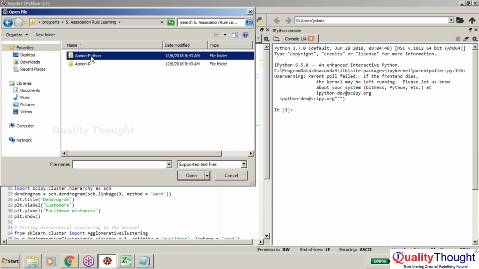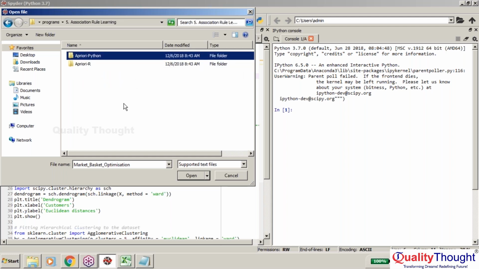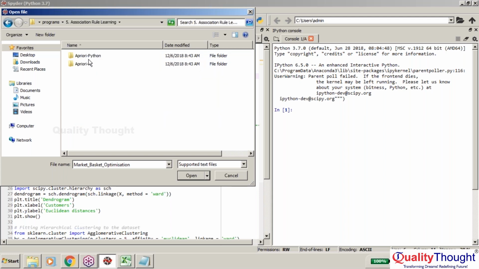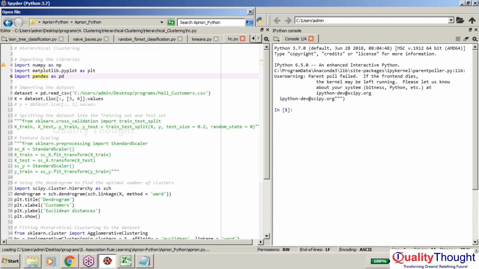We have something called market basket optimization. So now let us take a look at this one.